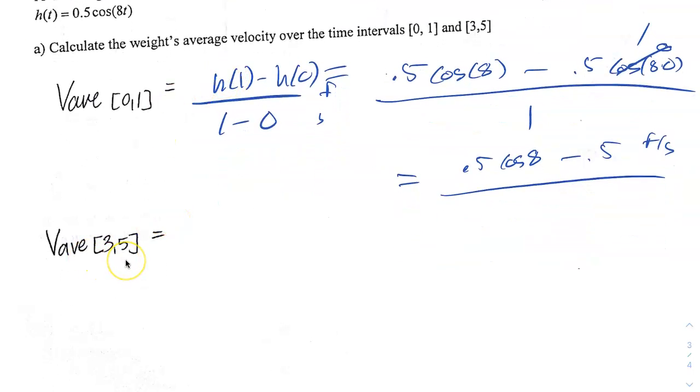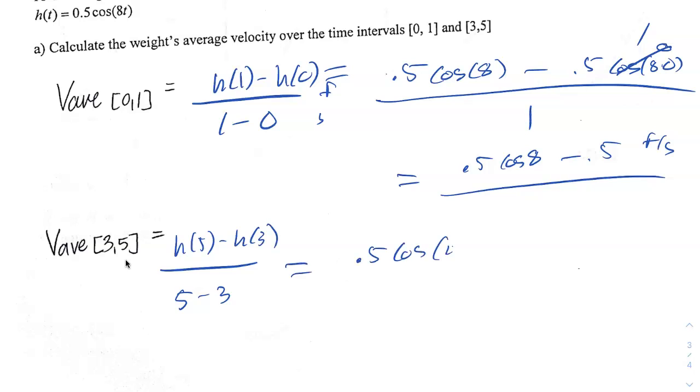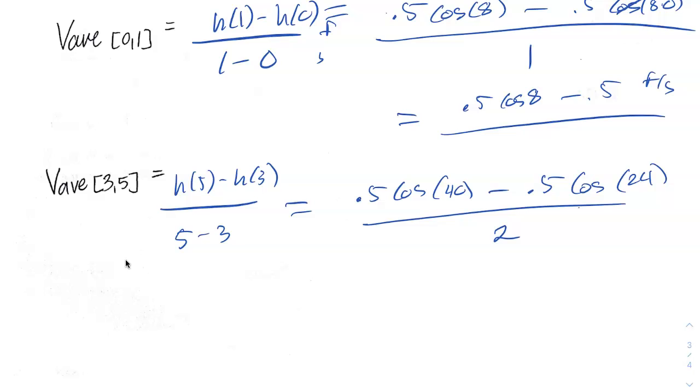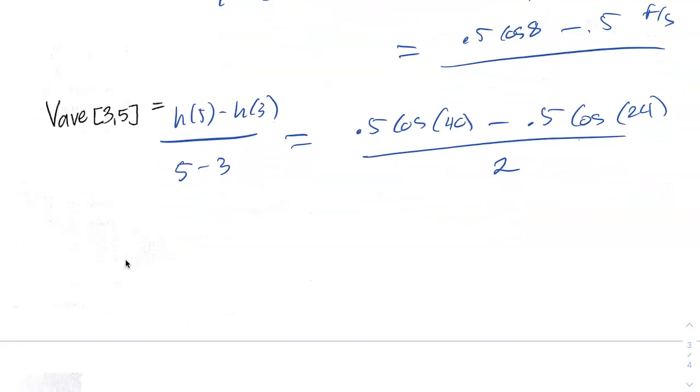Find the average velocity for 3 to 3.5, so same idea. Just h of 5 minus h of 3 over 5 minus 3. So I get 0.5 cosine of 8 times 5, which is 40, minus 0.5 cosine of 8 times 3, which is 24, all over 2. There we go, unless you want to make it a little nicer.